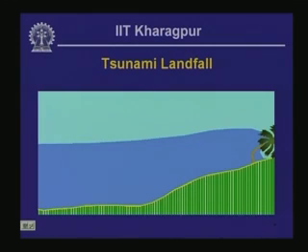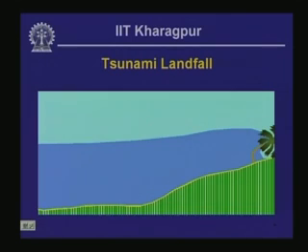Now, what you should also see here is that the profile of the water surface is similar to the profile of the coastline and the near shore bathymetry, the profile of the sea floor in the near shore area, but the geometry of the surface of the water wave is actually a scaled down version of the profile that you have near the shoreline.